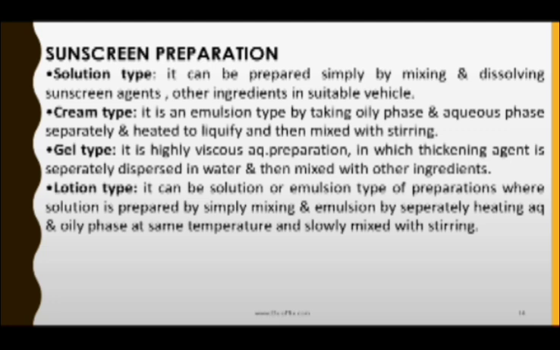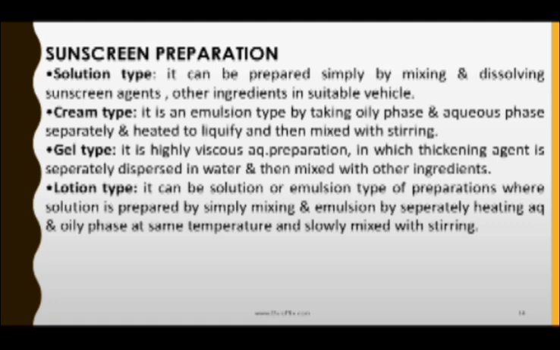Sunscreen preparations. First one, soluble type. It can be prepared simply by mixing and dissolving sunscreen agents and other ingredients in a suitable vehicle. Cream type. It is an emulsion type made by heating the oil phase and aqueous phase separately to liquefy, then mixing with stirring.